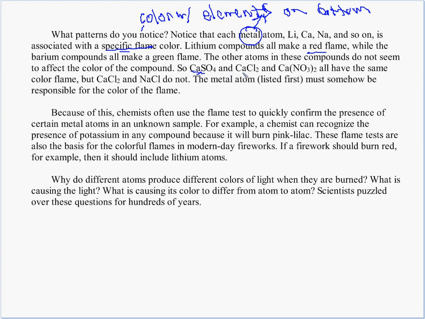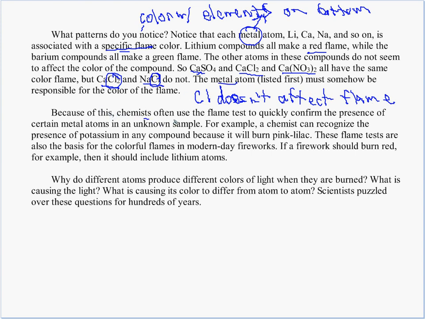So CaSO4, CaCl2, Ca(NO3)2 all have the same color flame, but CaCl2 and NaCl do not. Right? So the Cl doesn't affect flame color anyway. So the metal atom must be responsible.